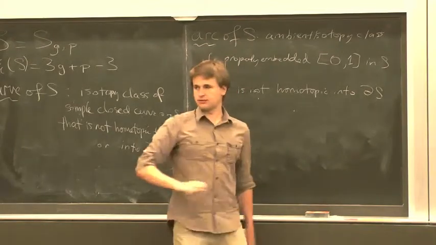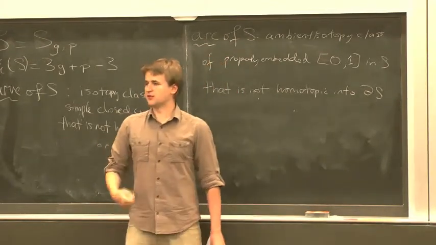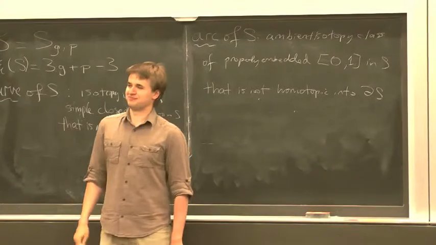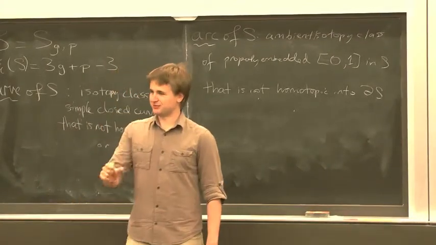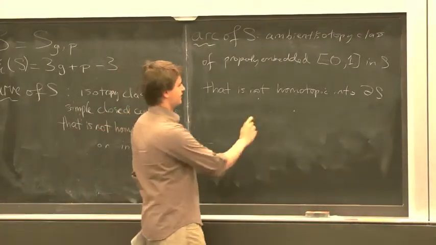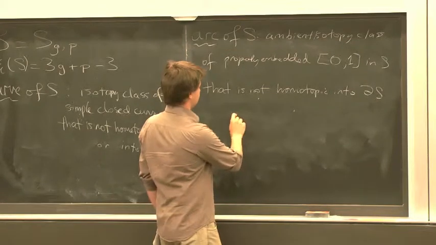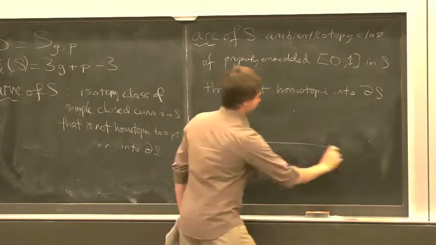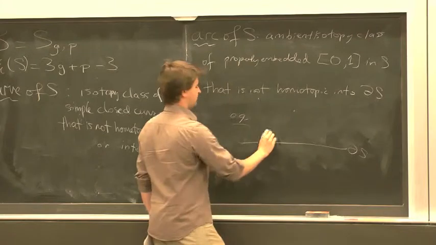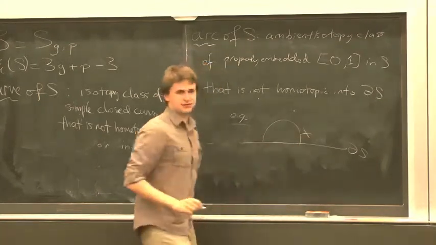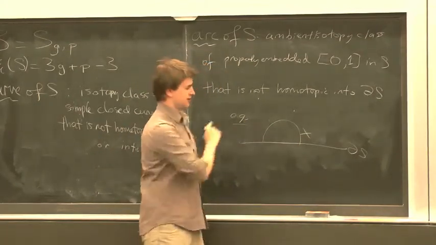Can the ends move on the boundary? Yes, ambient isotopic, so you're allowed to move the boundary. Okay, so for example, what's not allowed is an arc like that. That's a non-example.